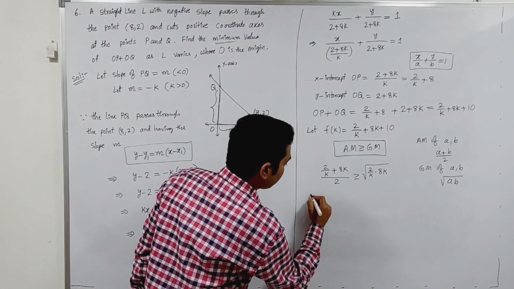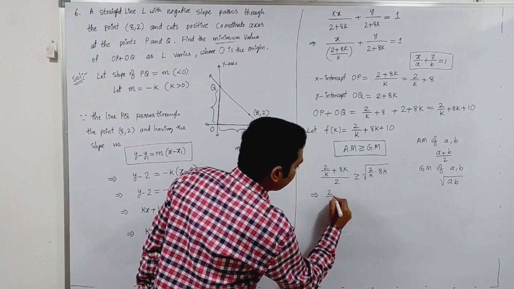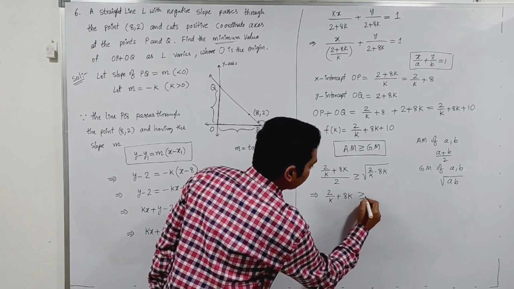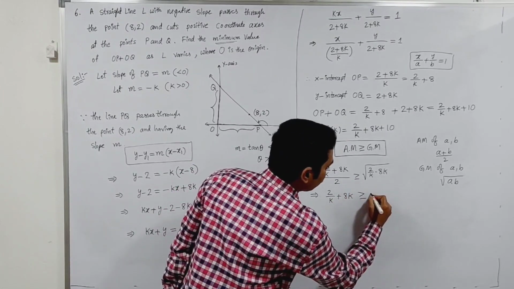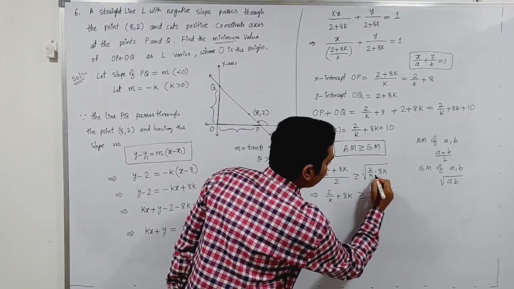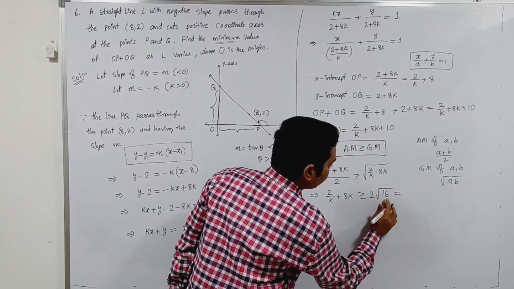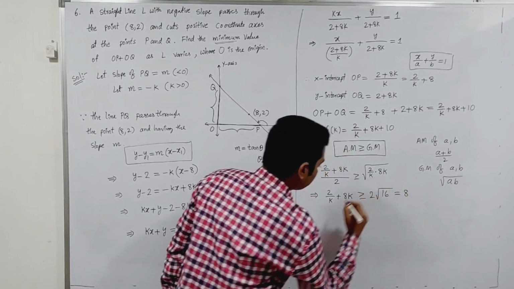Now simplify this equation. 2 by k plus 8k is greater than or equal to, sending 2 to the right side, 2 into under root of k cancel, 2 into 8 means 16. So this is equal to 2 into 4, that is equal to 8.